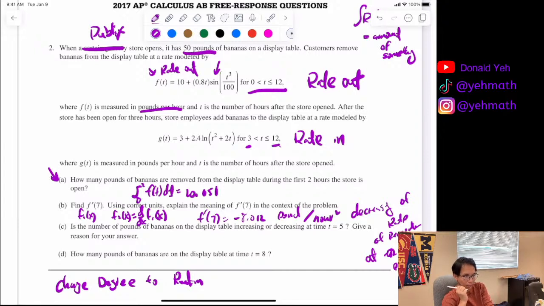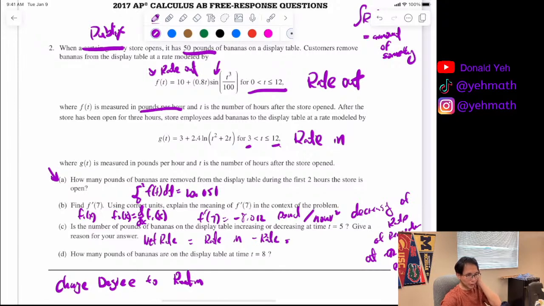Okay. Is the number of pounds of bananas on the display table increasing or decreasing at time equal to 5? Give a reason. So what are you supposed to do here? Well, there's obviously a rate in and a rate out. And I usually call this net rate. What is the net rate? Net rate is equal to the rate in minus rate out.